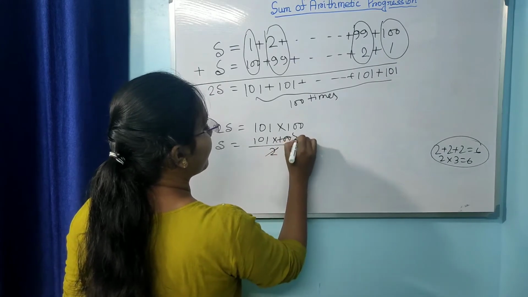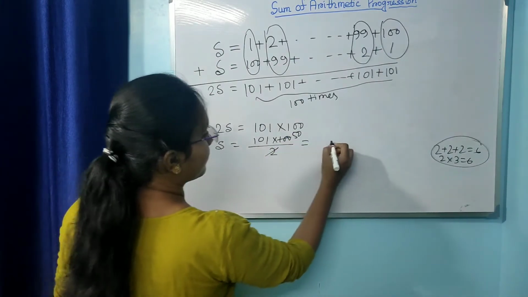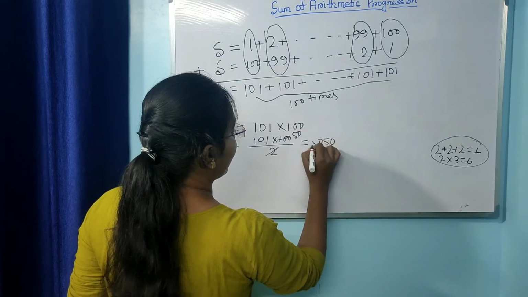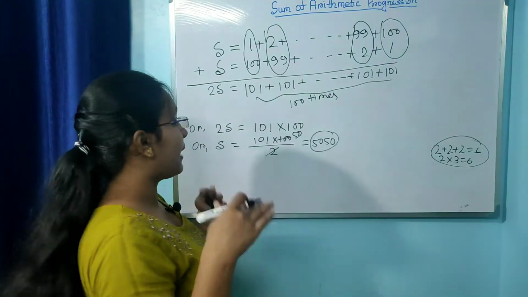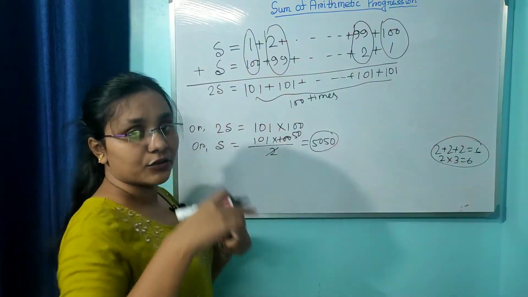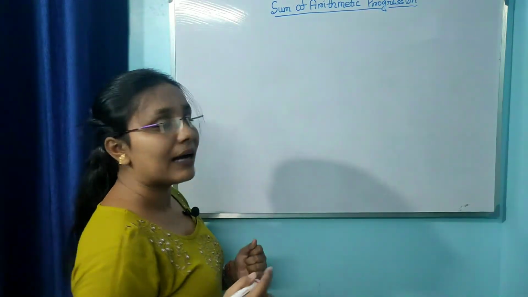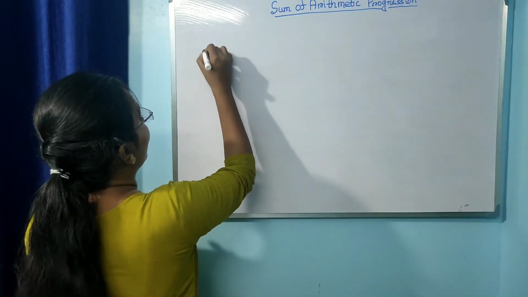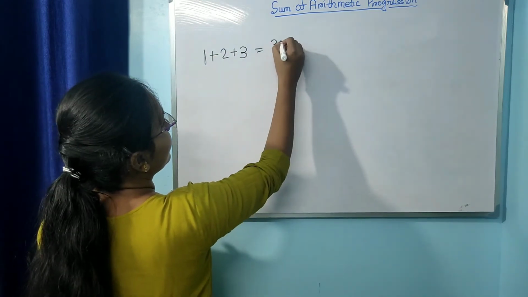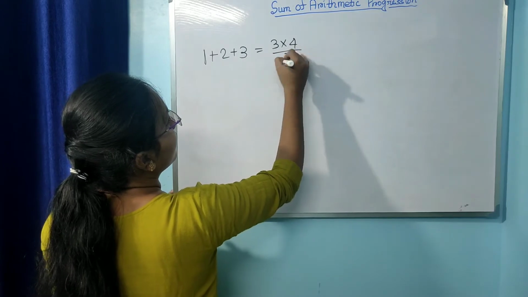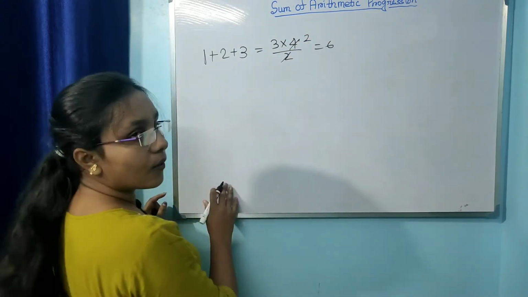So if we multiply, it will be 5050. So for finding the sum from 1 to 100, we apply the logic 100 into 101 by 2. So now what happens if we add 1 plus 2 plus 3? There are 3 numbers, so 3 into 4 by 2, that is 6, okay.